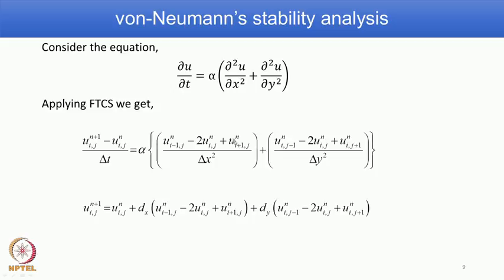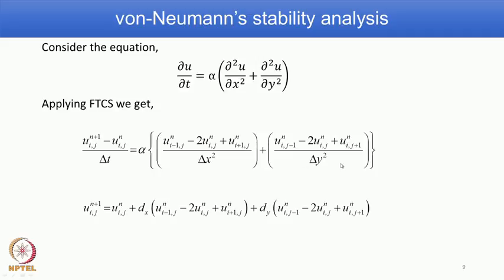So, the first term in the bracket is for the second derivative in the x direction. You can observe u evaluated at i minus 1 comma j, u at i comma j, u at i plus 1 comma j, but all at the nth level.